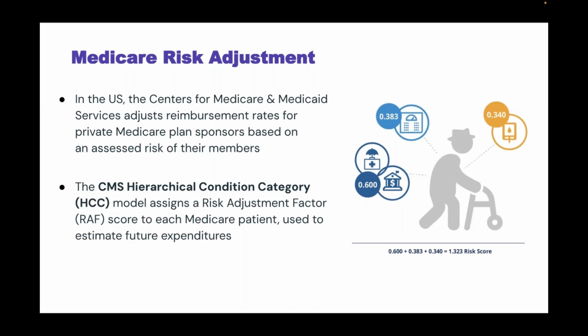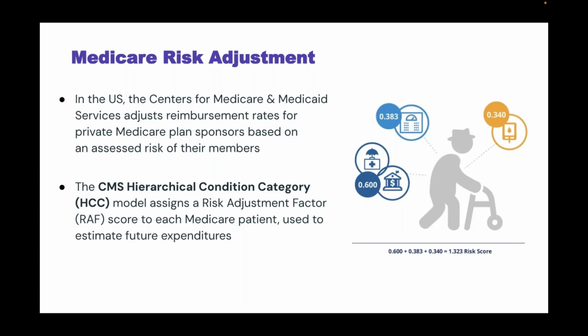This score, the RAF score, is essentially a health complexity score. It considers the patient's diagnosed conditions using specific codes and assigns a higher score to people who have more serious or chronic illnesses. These scores are then used to estimate how much future medical care each patient is likely to need.